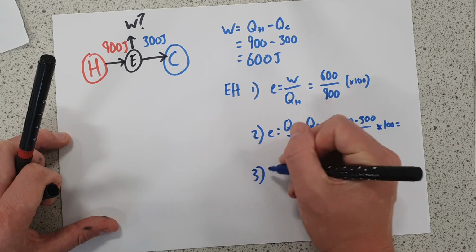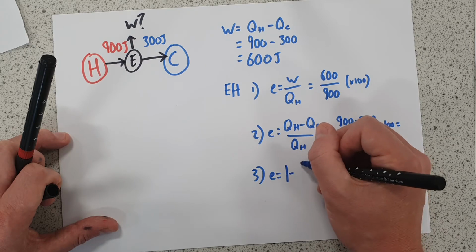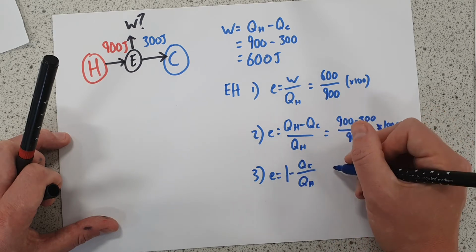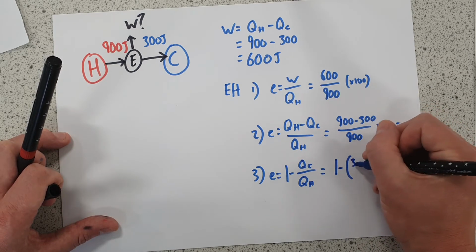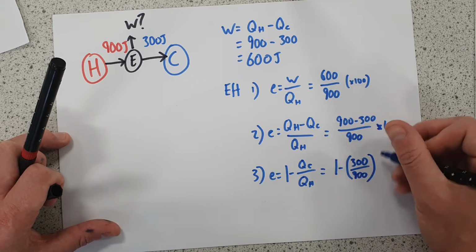Or three, we can do E equals 1 minus QC over QH. So this would be 1 minus 300 divided by 900 and then times 100.